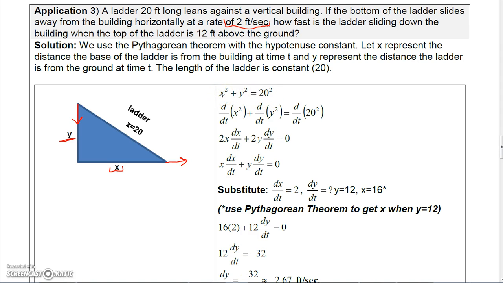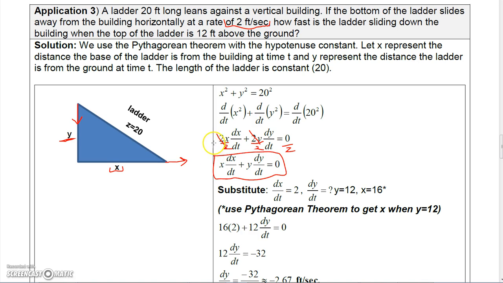If you differentiate this with respect to time, you'll get 2x times dx over dt, plus 2y times dy over dt, and of course the derivative of the constant is 0. I went ahead and divided everything by 2 here just to make the formula a little bit easier to follow. And you certainly can do that because the 2's will cancel here, and 0 divided by 2 is 0. So this is basically the same equation.